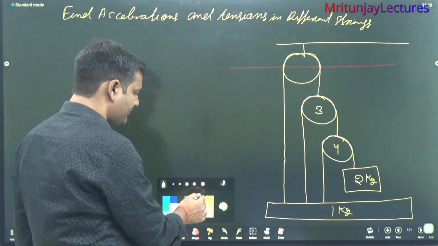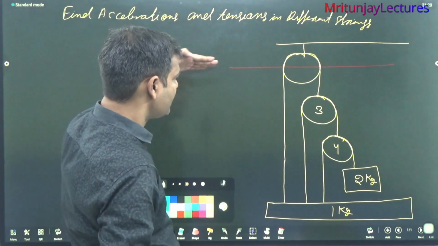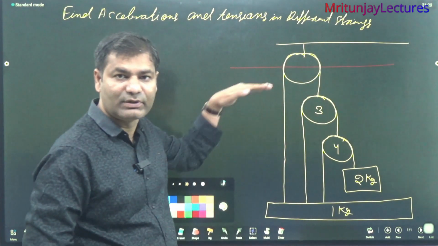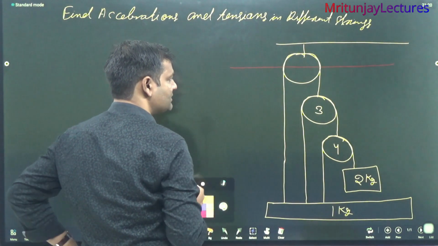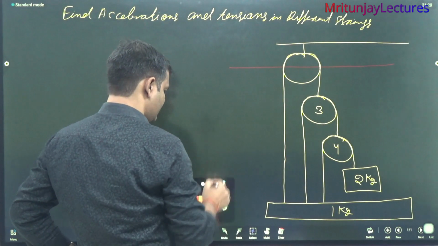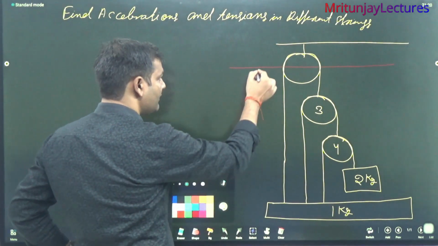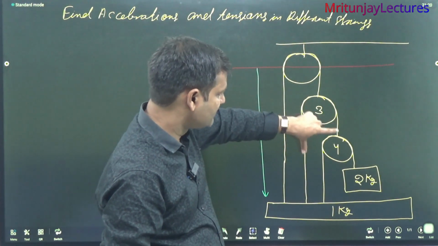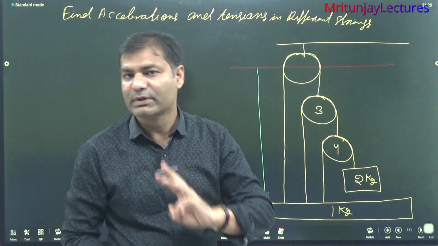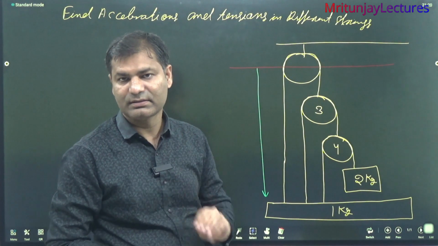First of all, we have considered a fixed point like that one. I have already discussed this type of problem, the fundamental concept. So consider there are 3 strings, this one and this one. So how many equations are possible here? 3.